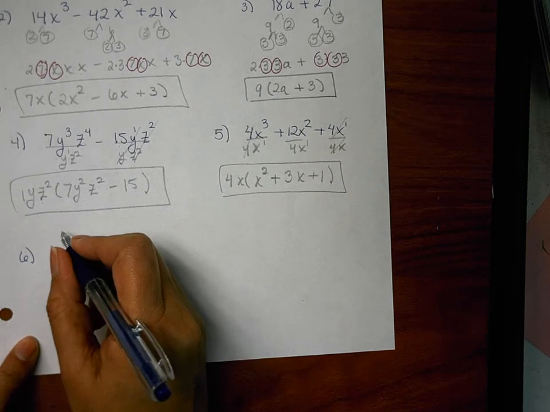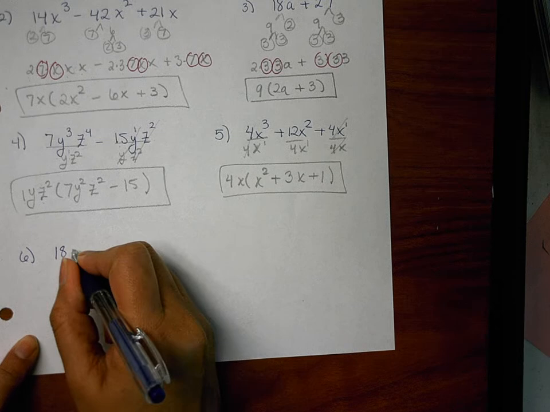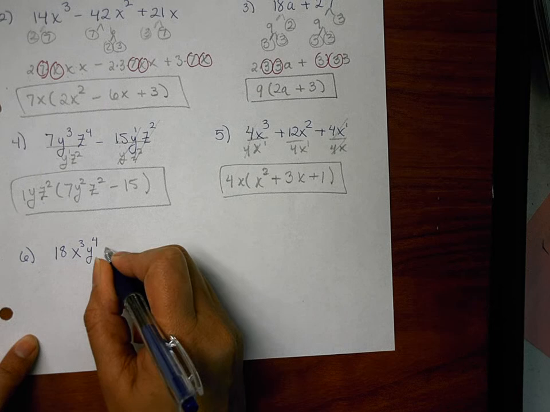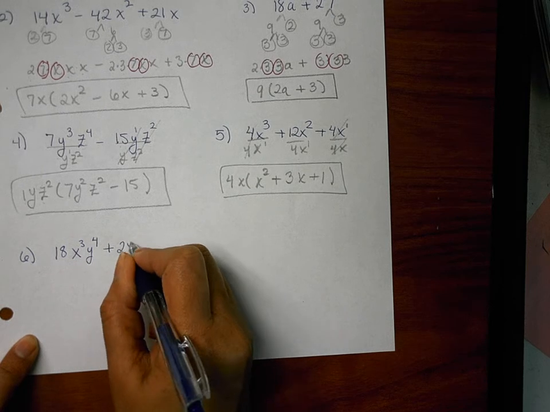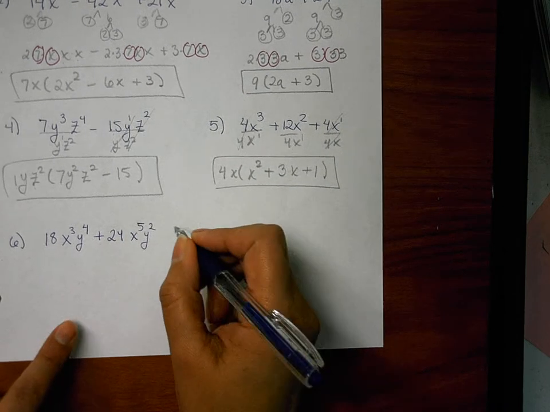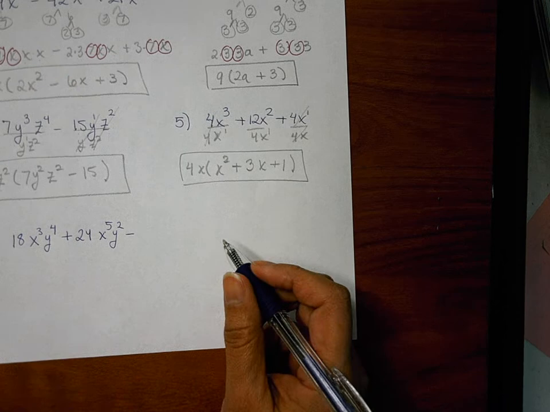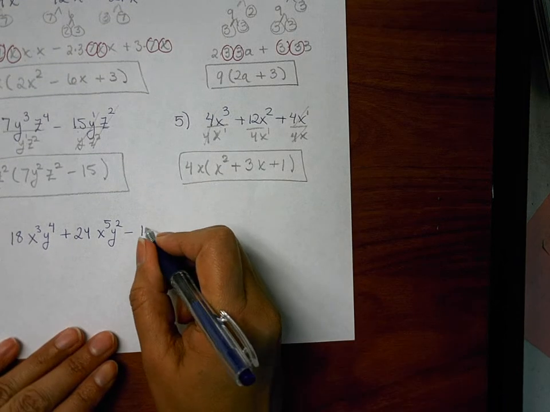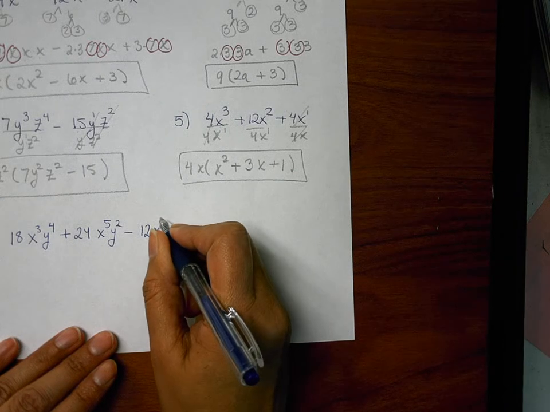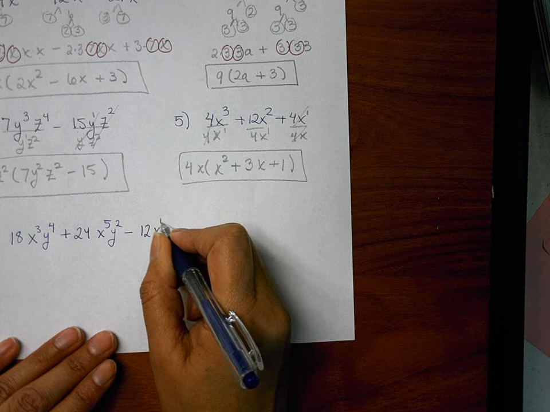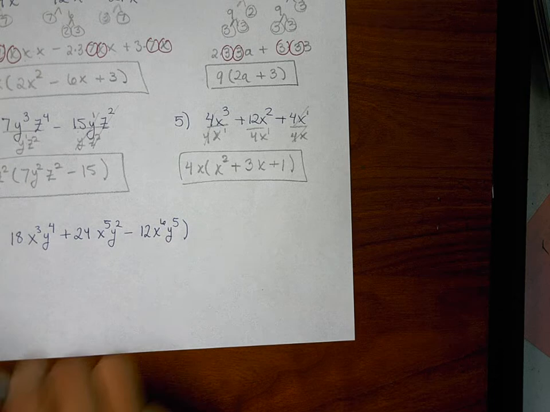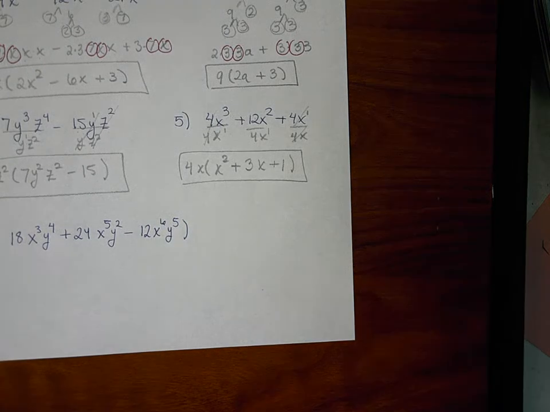Number 6. 18 x to the third y to the fourth, plus 24 x to the fifth y squared, minus 12 x to the sixth y to the fifth.